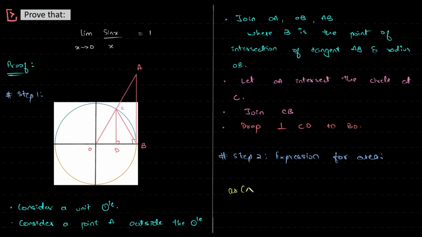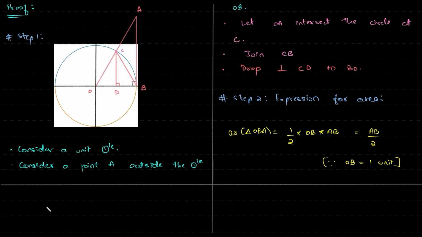First thing is area of triangle OBA, that is half into base, that is your radius, into height AB. So basically AB by 2, right? Because OB is 1 unit, the radius. Agree? Next, we have area of sector. Sector is this region basically.